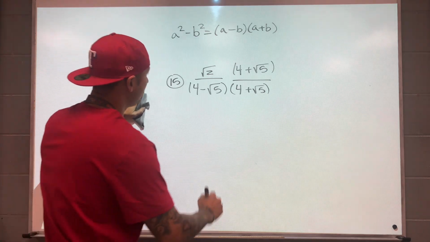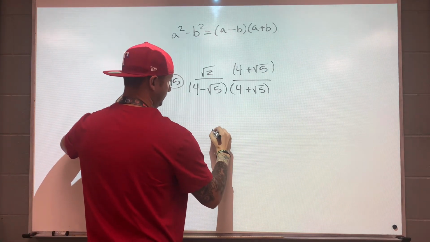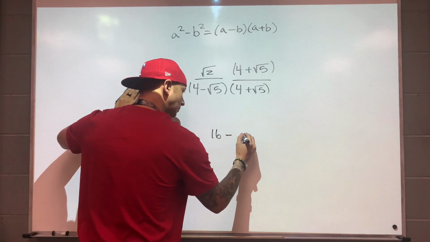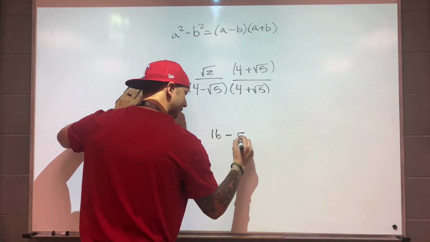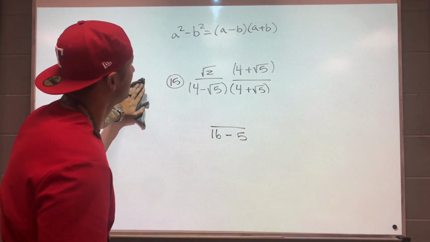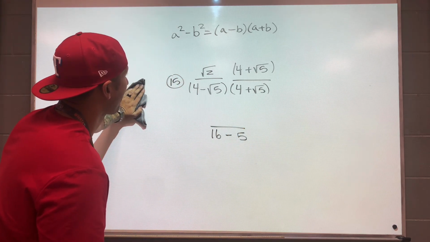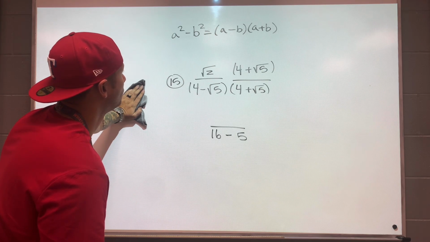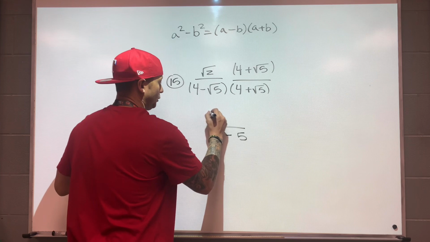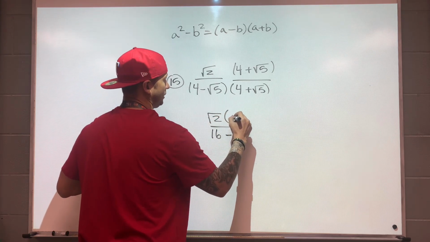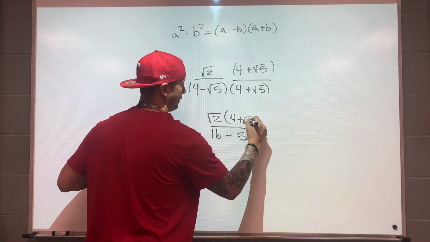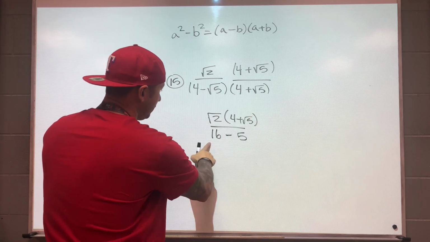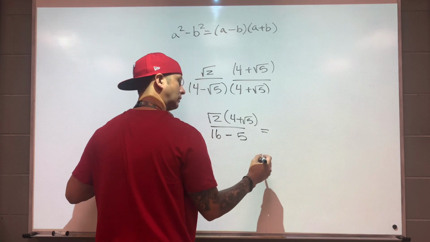Okay, 4 times 4, 16. Minus root 5 times root 5, 5. Yep, root 2 times 4 plus root 5. 16 minus 5 is 11.